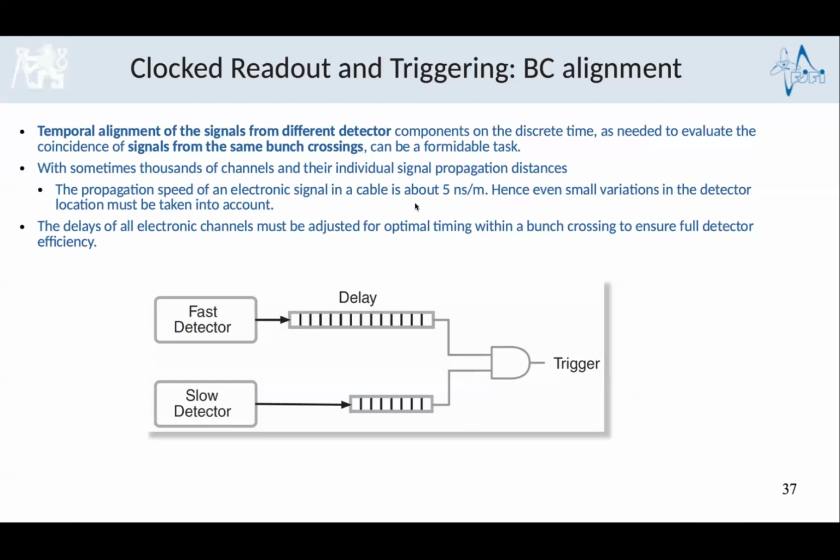In a typical cable, it's about 5 nanoseconds per meter of propagation. And the order of magnitude of the propagation of the signal is close to the bunch crossing time, which is 25 nanoseconds. Then the system should be able to cope with these small variations, or we should do a very good job on the alignment of the signals that go to the data acquisition system.